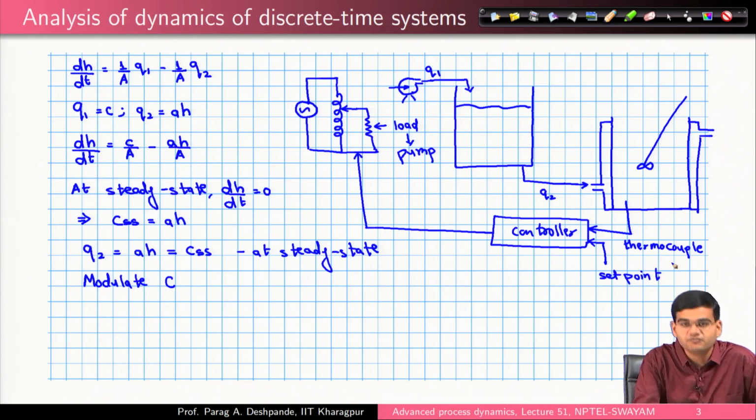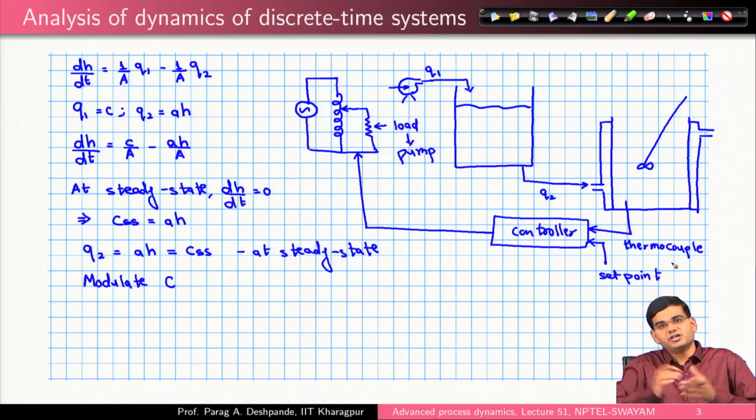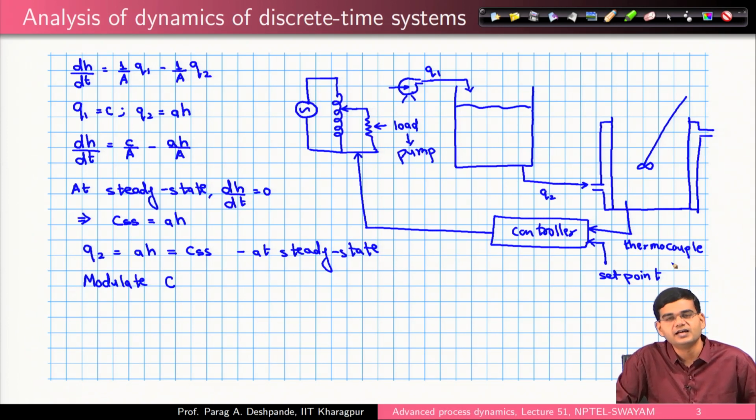And what the controller would do is, it would determine the difference between the actual signal and the set point, and depending upon that it would recommend a control action. But what exactly is the meaning of controller? It is a set of mathematical algorithms which in today's plants are implemented via computers, and computers accept digital signals, right.